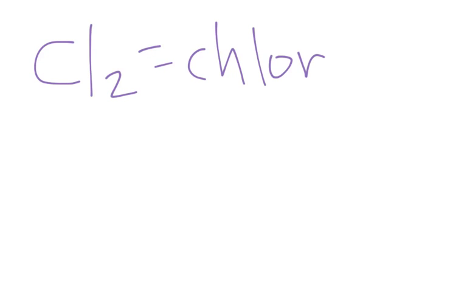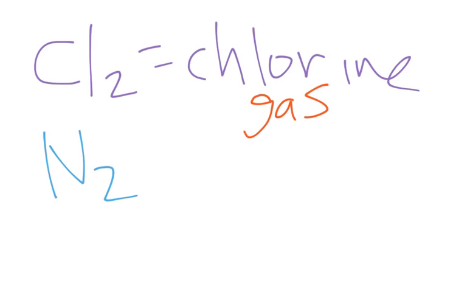If you have a covalent molecule that's composed of only one element, we call it by the name of its element. Take a look at the diatomic molecules such as Cl2. Cl2 is just the name of the element, chlorine, or even chlorine gas if you want to specify its state. What about N2, another diatomic molecule?